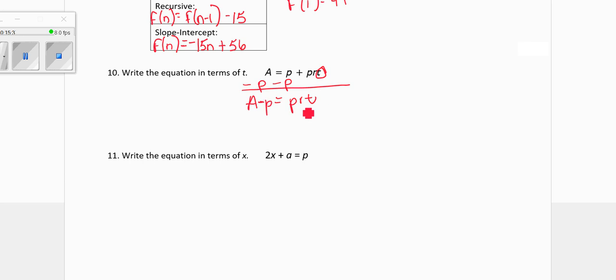I need to get t by itself, so I'm going to undo that p and r by dividing on both sides. So now I have t equals a minus p over pr.